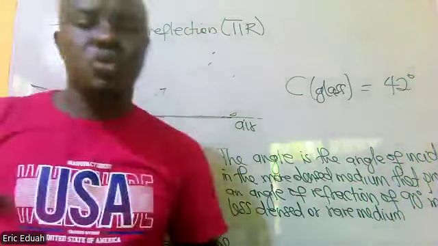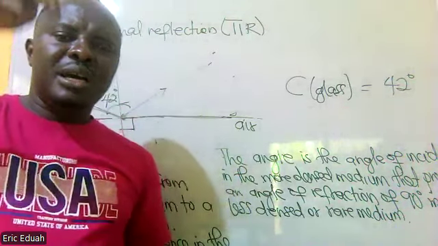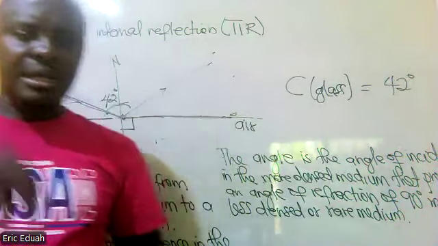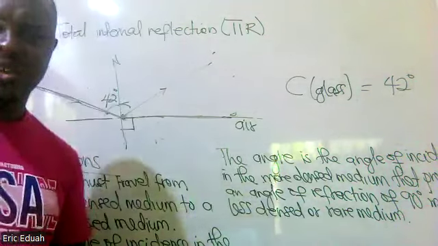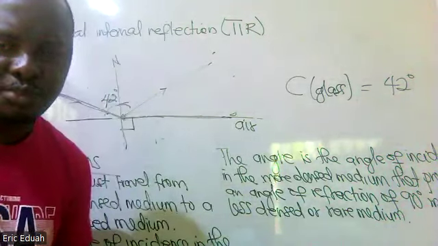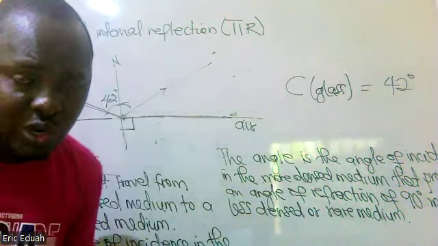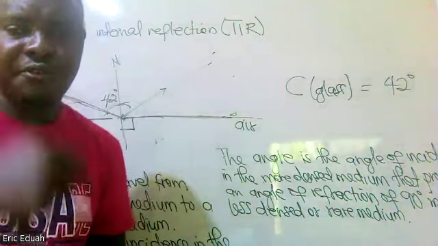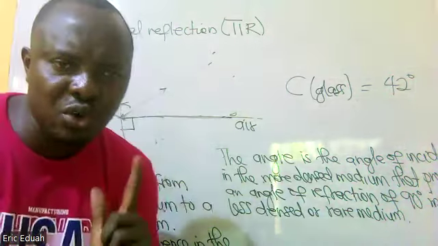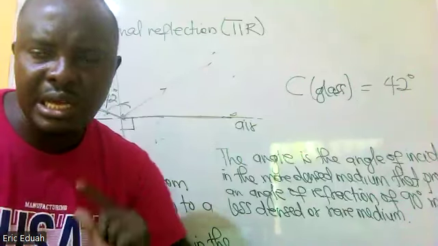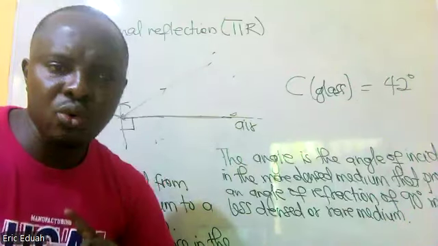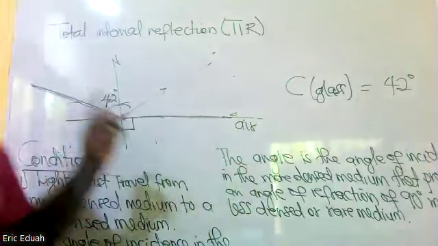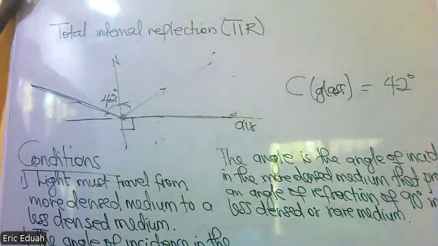So if you want to cause total internal reflection in a material, then you must know its critical angle. Please, class, are you okay? So that's a requirement. For total internal reflection to occur, you must first know the critical angle of the material. Then you go beyond the critical angle a little bit to cause total internal reflection to occur.